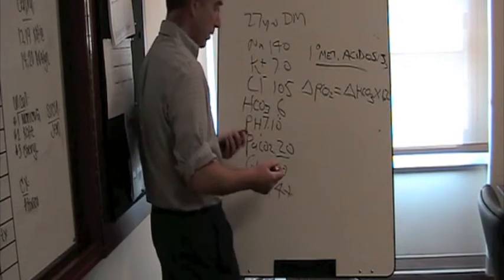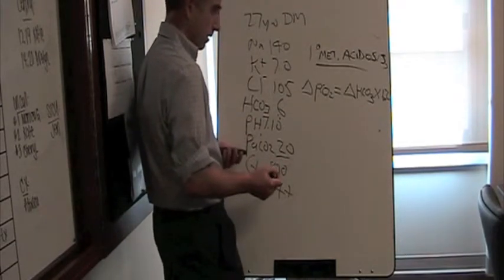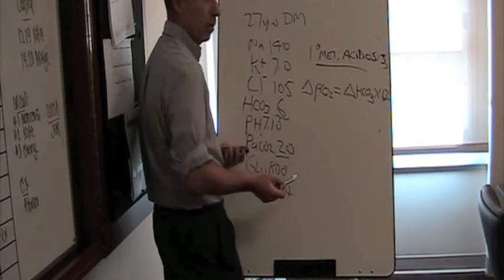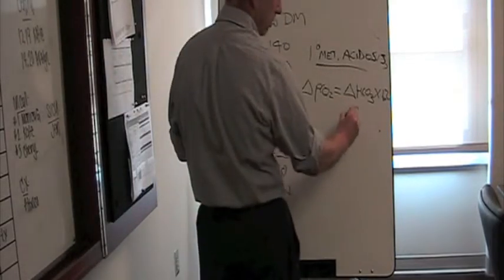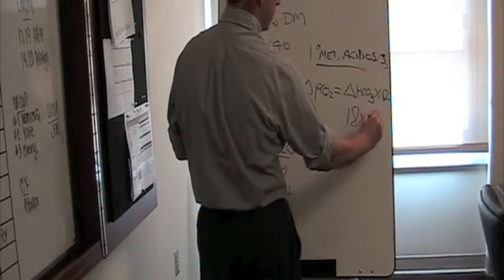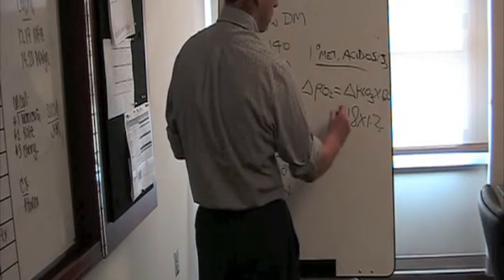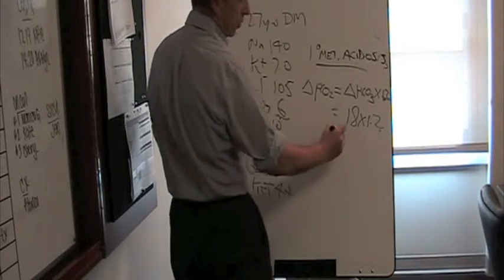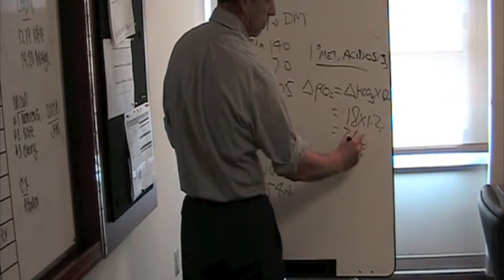And what's the change in bicarb? 18 times 1.2, so that is 21.6.